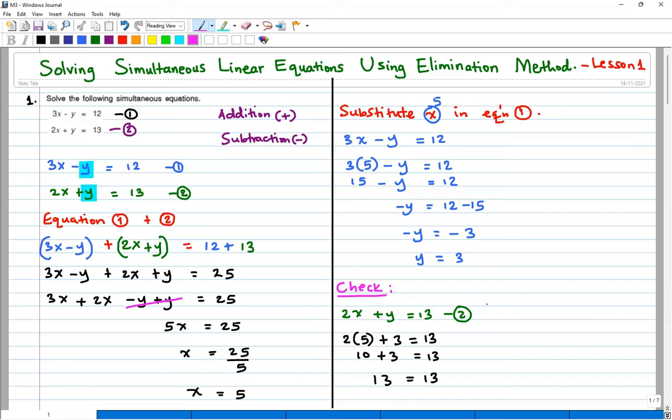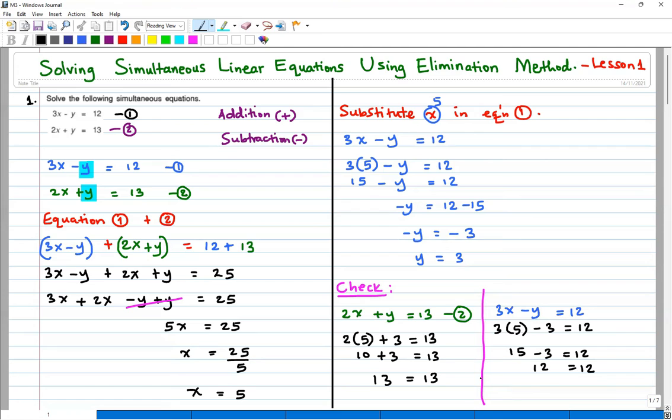But we can also check using equation 1. Still, there is no problem. So equation 1 is 3x minus y is equal to 12. And now x is 5, y is 3. Now 3 times 5 is 15, 15 minus 3, and you see that it is 12.